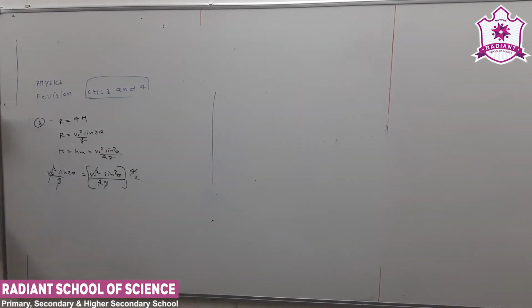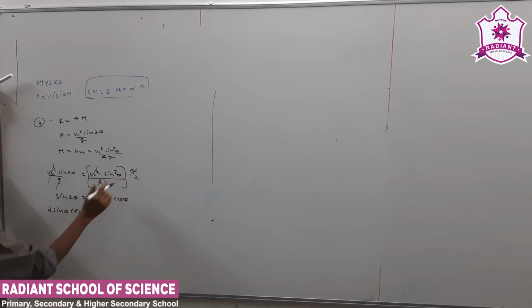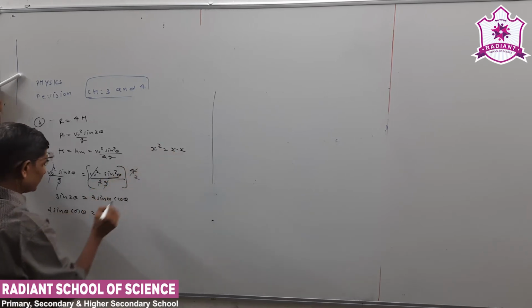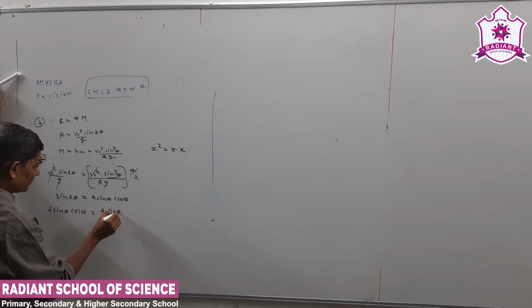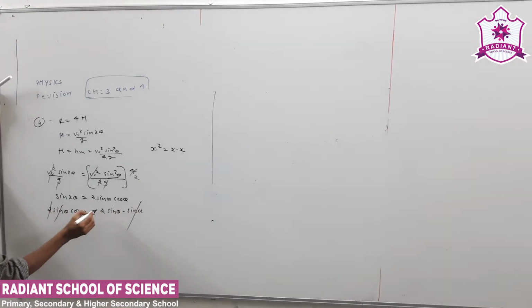Now sin 2 theta is 2 sin theta cos theta. That is 2 sin square theta. This we can write as sin theta into sin theta. So one of the sin theta will cancel, 2 will be cancelled.